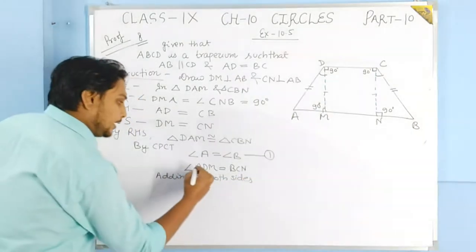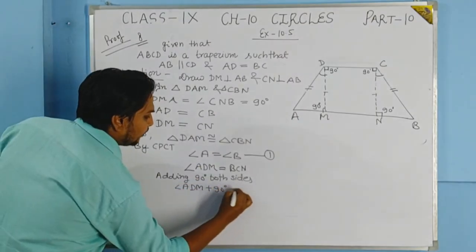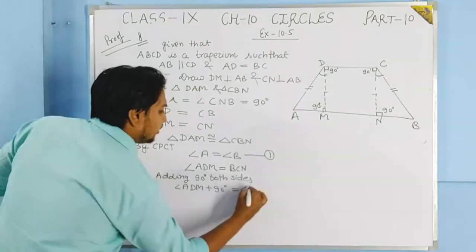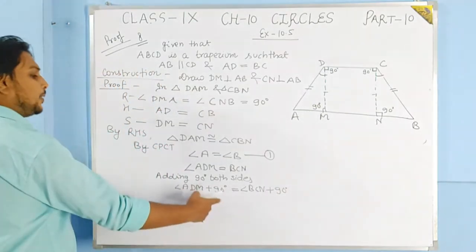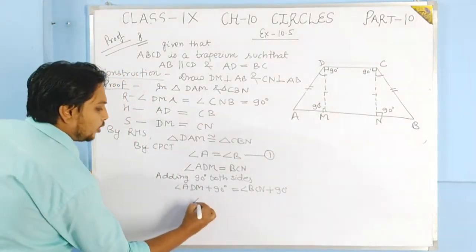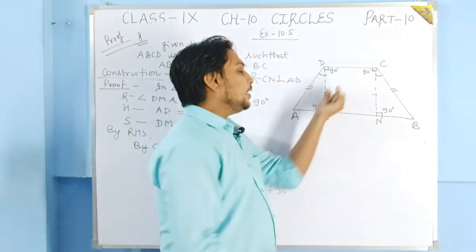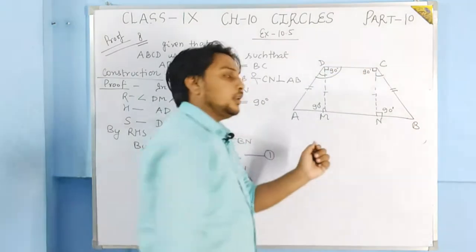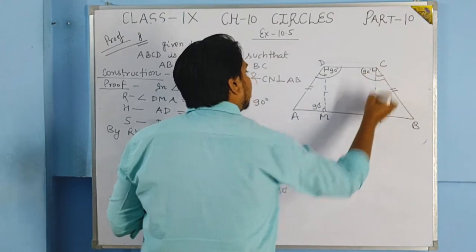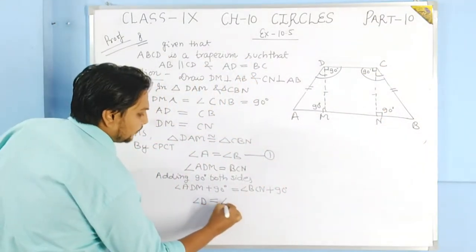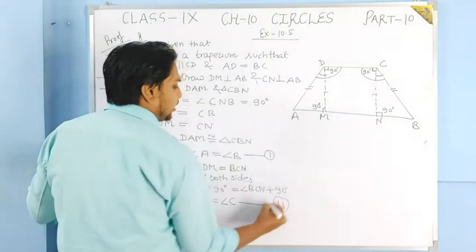So if we add 90 degree here in angle ADM plus 90 degree and angle BCN plus 90 degree, ADM plus 90 means you will get the whole angle D. See here, if you add 90 degree in this angle, you will get the whole angle, that is angle D. And here if you add 90 degree, you will get the whole angle, that is angle C. So here we have got that angle D is equal to angle C, and suppose it is the second equation.